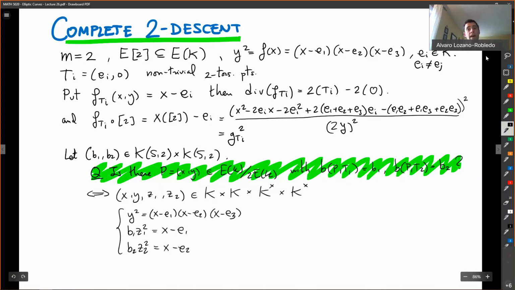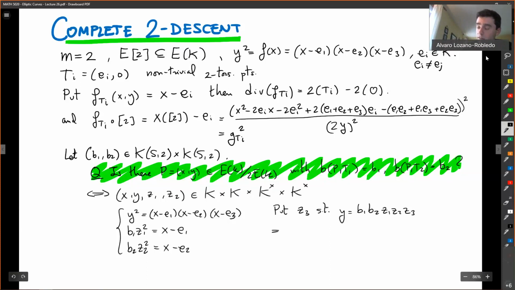This doesn't look that bad at all. Now, to simplify, let's put z3 so that y is b1 b2 z1 z2 z3. Okay, so define z3 so that happens.